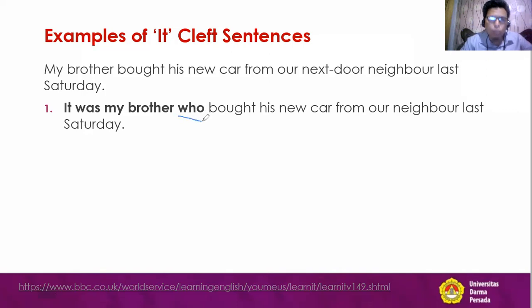So we have who, and then the clause who bought this new car from our neighbor last Saturday. So again, we can find it easily. We have it, and then to be, and then who are you talking about? My brother. And then we have a relative clause. Okay, next.